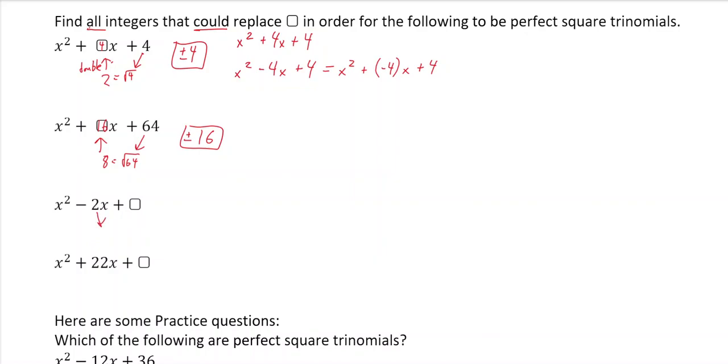If we're going the other direction, we half it, then we square it, and we get 1, and there is no positive or negative version, it's just positive 1. Half it, square it, and you get 121. And I believe that's about it.